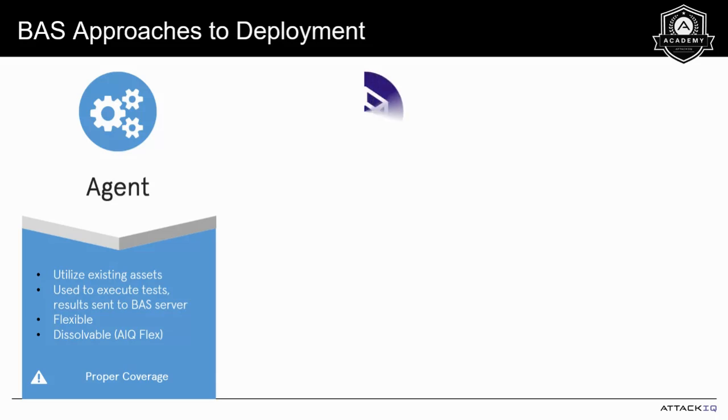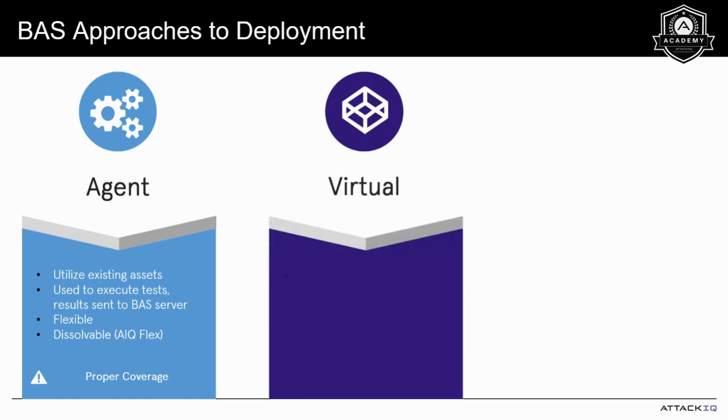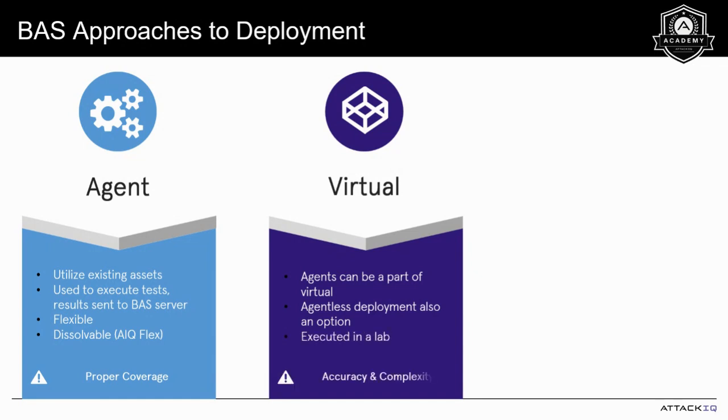Now, there's also a virtual-based deployment. And this one really, maybe it's my choice of wording on this, and maybe I'll update that. Virtual-based deployment is simply a deployment that isn't production. Okay. So it involves lab components, and it should be designed to simulate your production network.